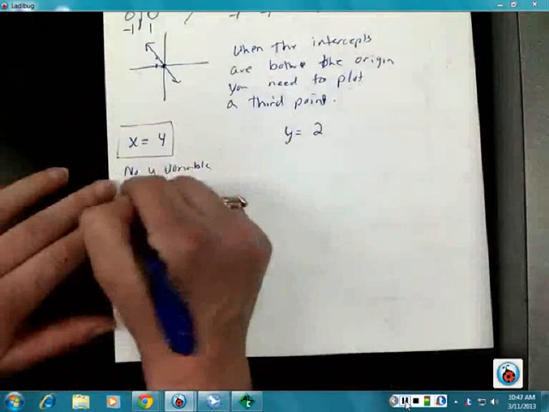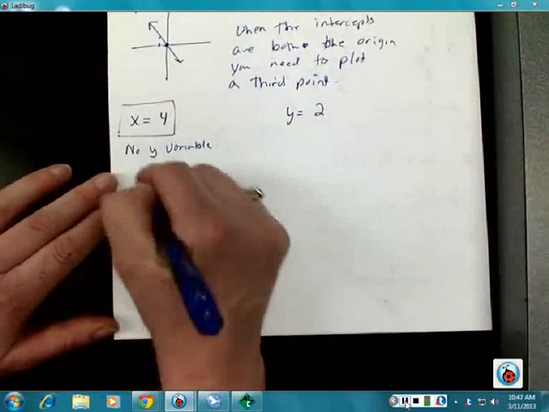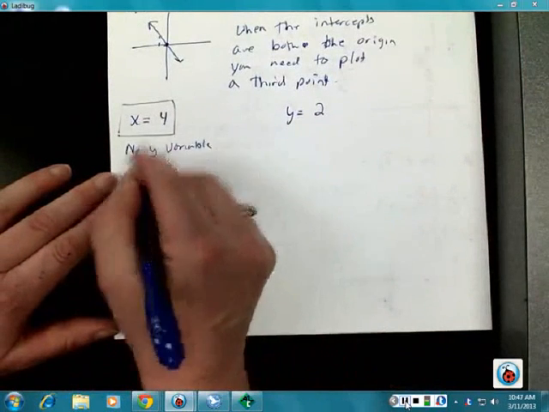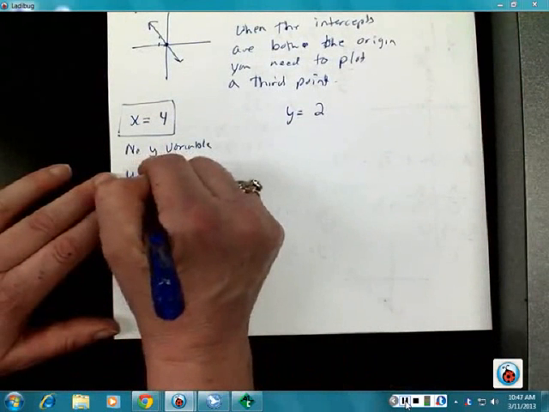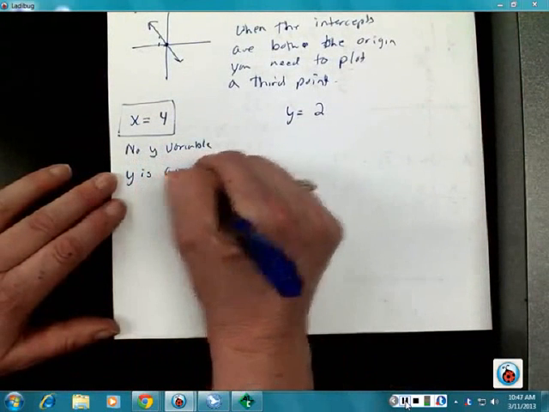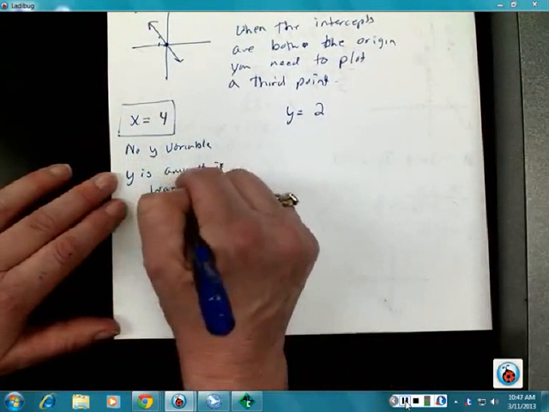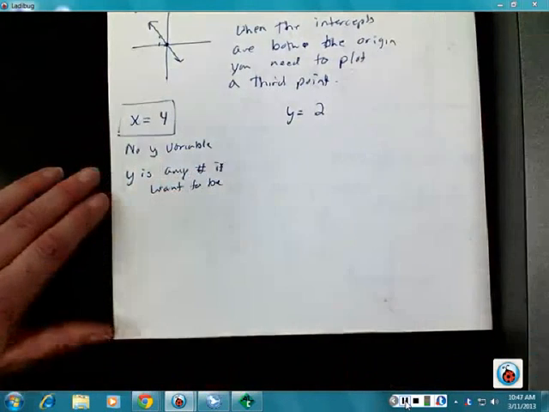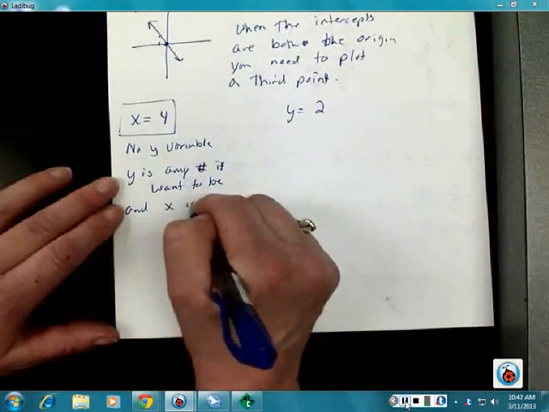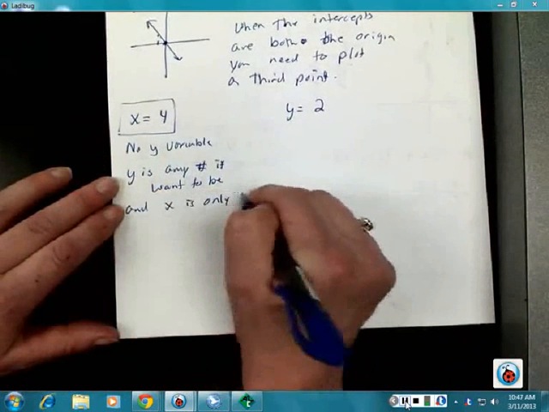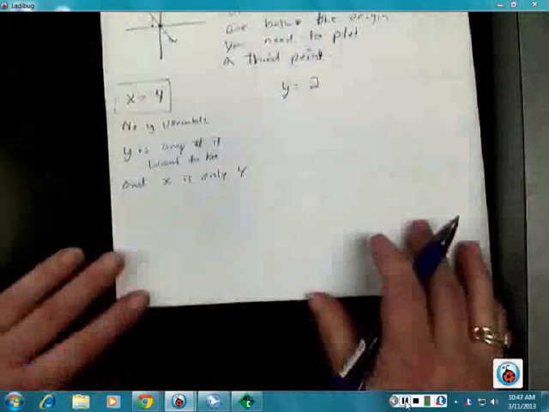This one, if you graph it, the thing that happens is that y is any number it wants to be. And x is only 4. Only 4.